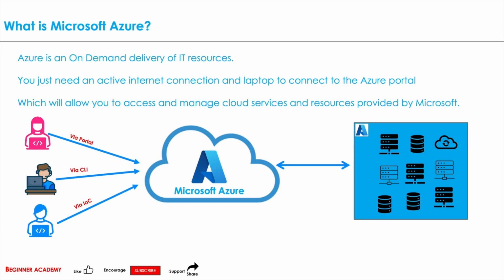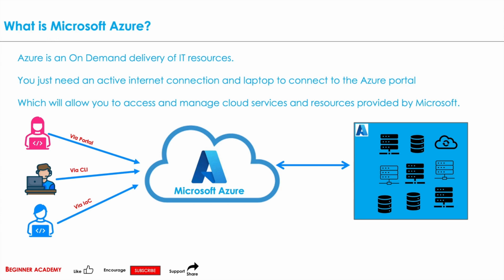If you are a techie, you will go for a command line using Azure CLI or PowerShell commands. If you're an infrastructure as code person, then you would use HashiCorp tools such as Terraform, or an ARM template or Bicep in order to create any resources as infra as code.